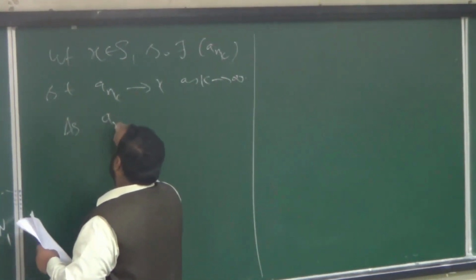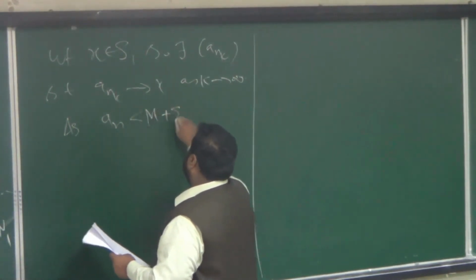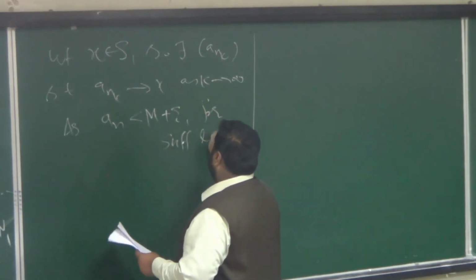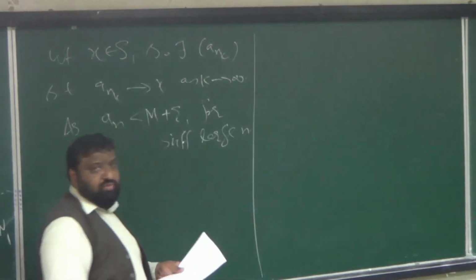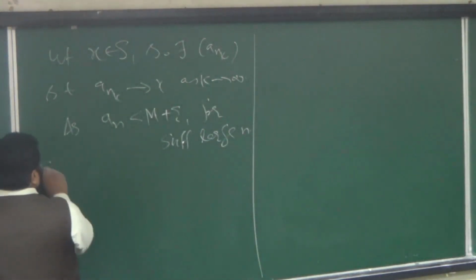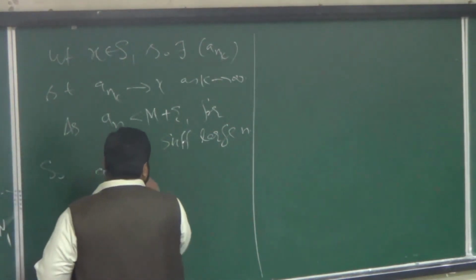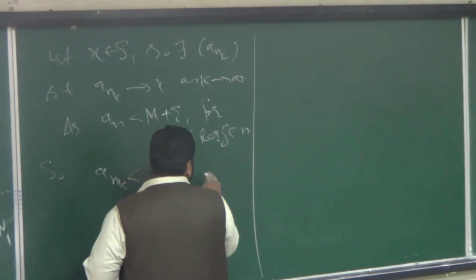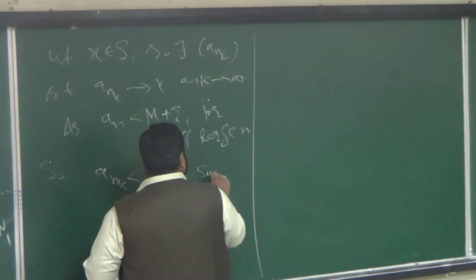that as a_n is less than M plus epsilon for sufficiently large n, this is true for sufficiently large n. So we're going to say that a_nk is going to be less than M plus epsilon, for sufficiently large nk.